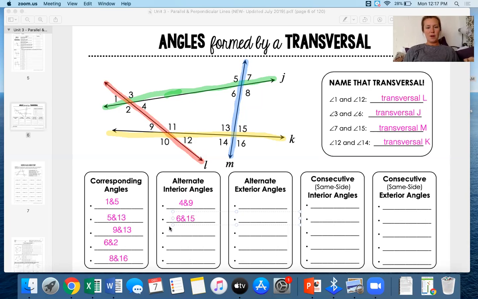Perfect. How about 13 on the yellow transversal? How about 13 on the blue transversal? 8, good job. How about 3 on the green transversal?